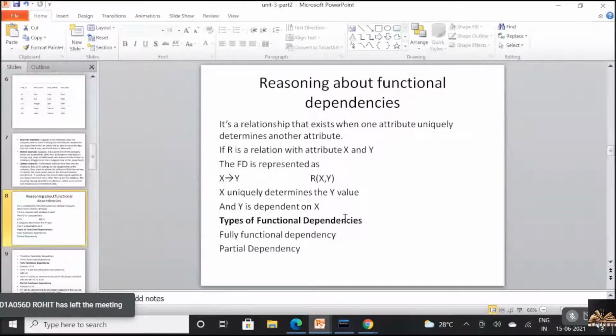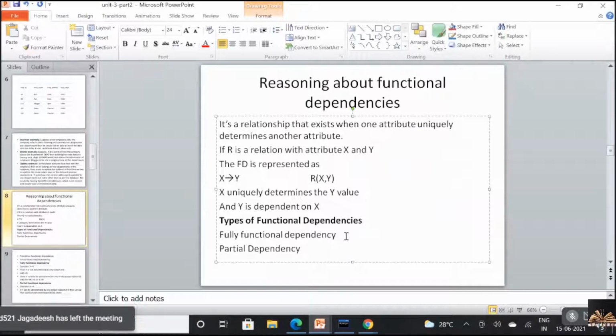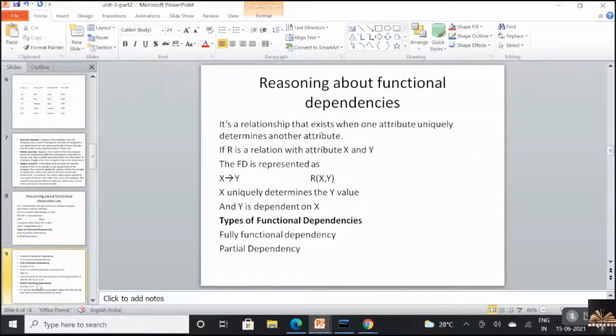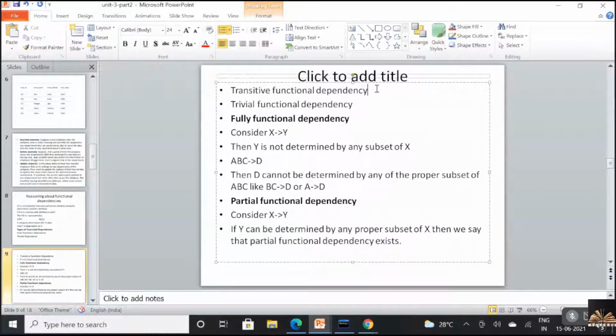Whenever you're talking about different kinds of functional dependencies, you have fully functional dependency, partial dependency, transitive functional dependency, and trivial functional dependency.